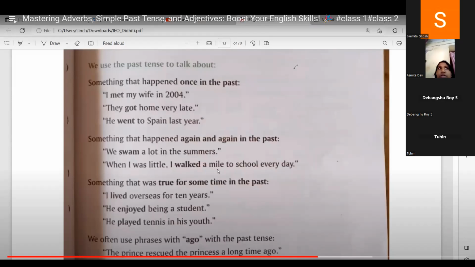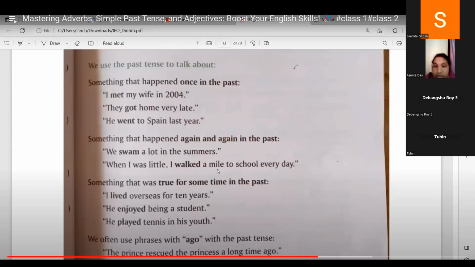Overseas means in some foreign country. Like if someone is not in the city, we say he is out of station. Similarly, if we say he is overseas, it means he is out of the country. He is not in the country. Very good. Excellent, Debanshu.